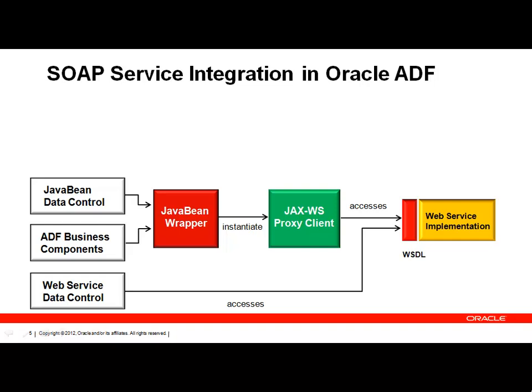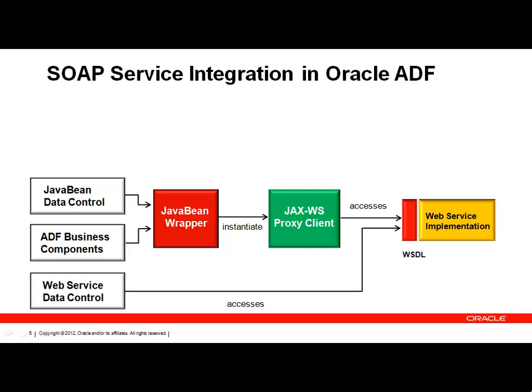Now the SOAP service integration, if you read this picture from left to right, shows that we have three options in Oracle ADF to access the data or the business logic on the remote server. The web service data control is a native data control that is declarative to use, and it's already in Oracle ADF.